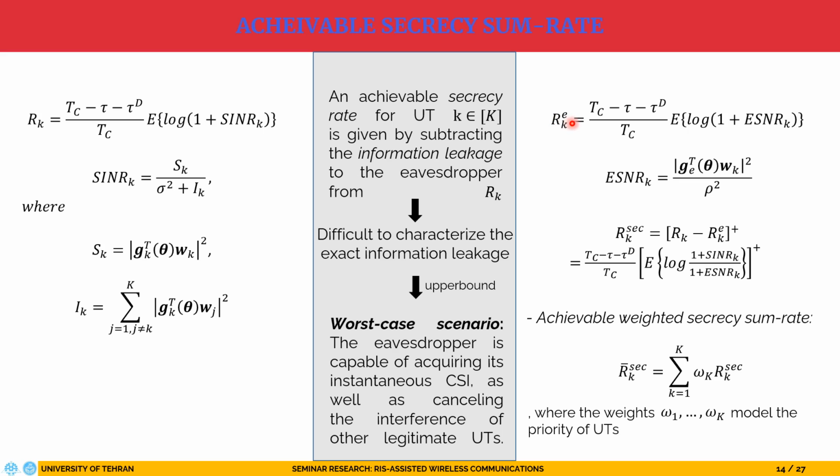RK for active eavesdropper is like this, and the achievable secrecy rate is by subtracting the information leakage from RK. So this term would be like this, and achievable weighted secrecy sum rate is like this. And this omega here is the weights for each user.